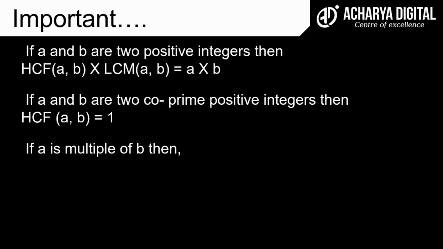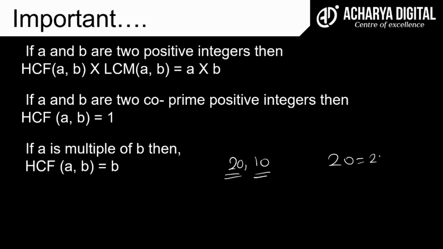If A is a multiple of B, then HCF of such two numbers is B. Let us take example 20, 10 I'll take, because 20 is a multiple of 10. So what are the factors for 20? It will be 2 2s are 4, 4 5s are 20, 2 5s are 10. So if I find out HCF in this case, how much is the HCF? 2 into 5.